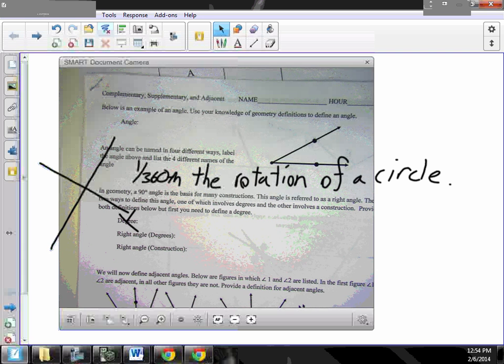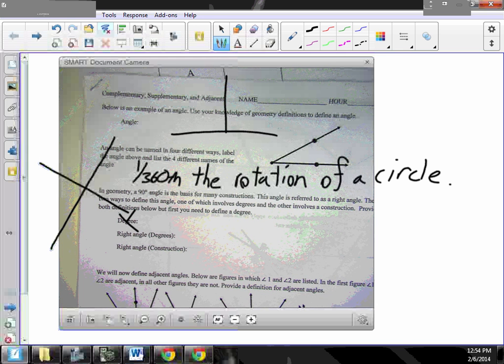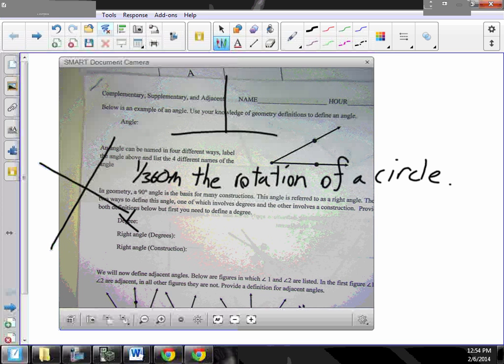Right, and that's what he did. Well, actually, Euclid didn't use that. He did this. He said when one line intersects another line and those two angles are equal, they're both called right angles.